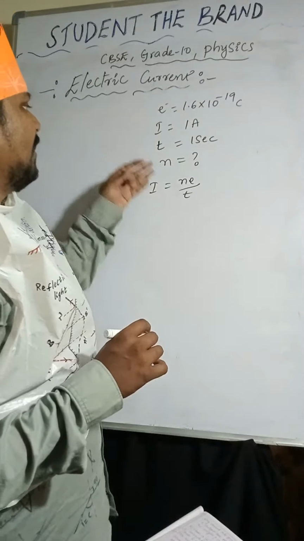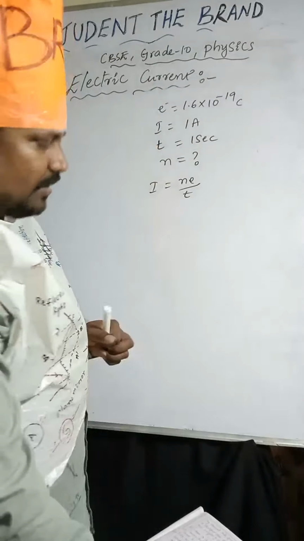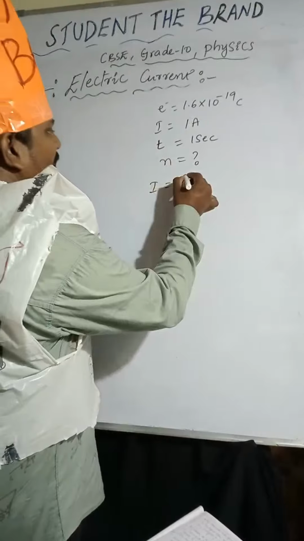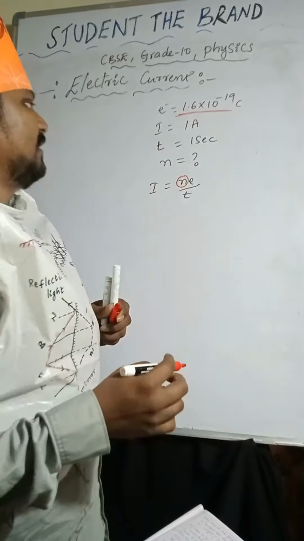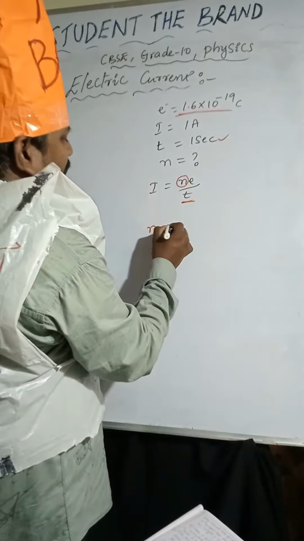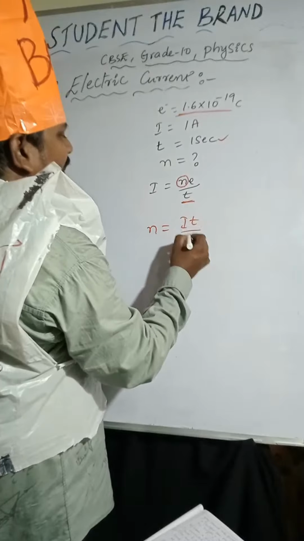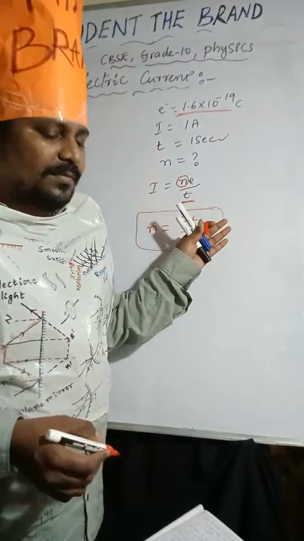I value is given. N we have to find out. The e value anyway you know, 1.6 into 10 power minus 19, and the t value you know, 1 second. So we can find N equal to I into t by e. By this you can substitute all the values and you'll get it.